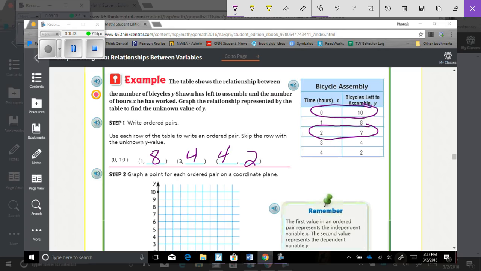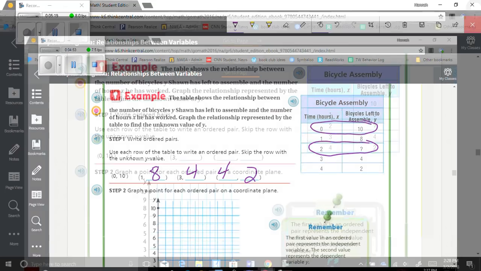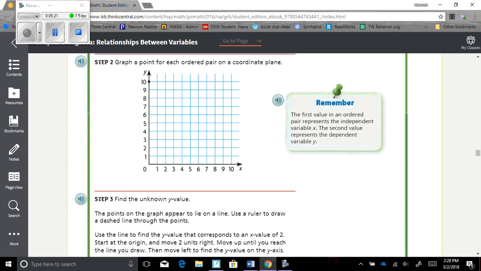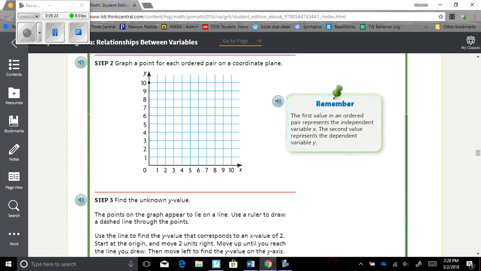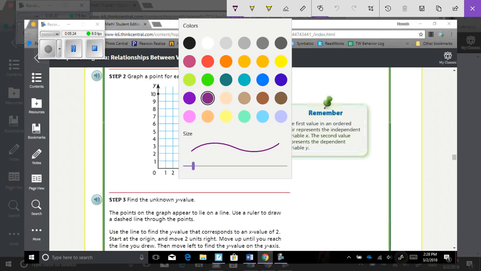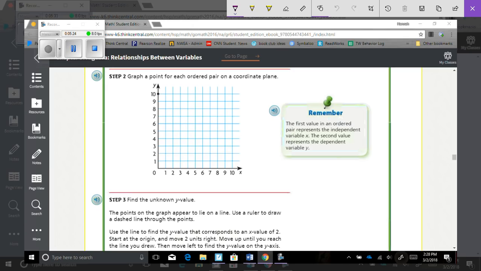Step 2 is to graph a point for each ordered pair on a coordinate plane. Coordinate plane is just that graph paper. So we're just going to graph those on here. Let's see if I can. There we go. So graph each point. We're going to graph 0, 10.